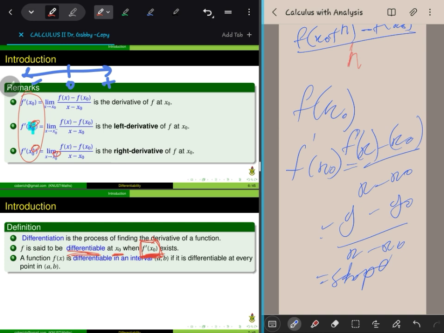So we are saying a function is differentiable at a point. These are just the words, but to get to a point where we do the calculation. So the function is differentiable at that point when the derivative of the function at that point exists, or when the slope exists, right?